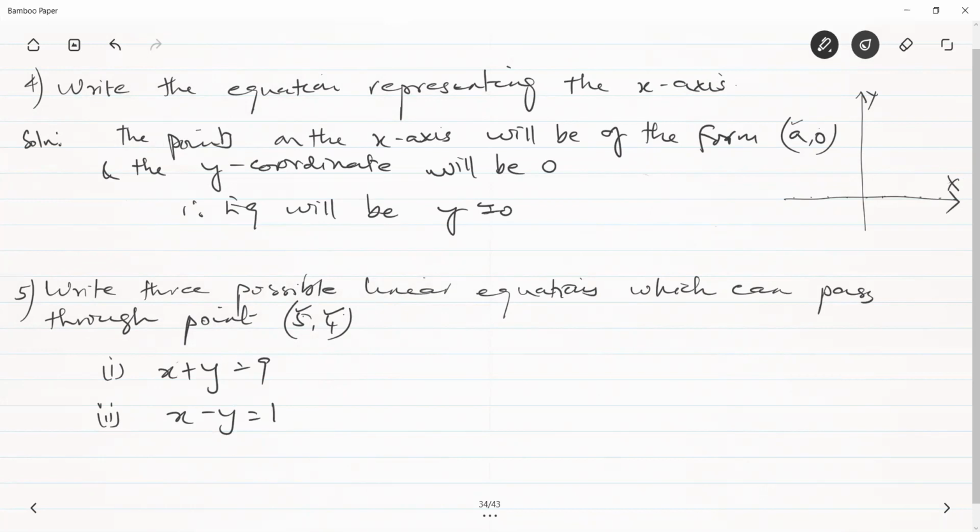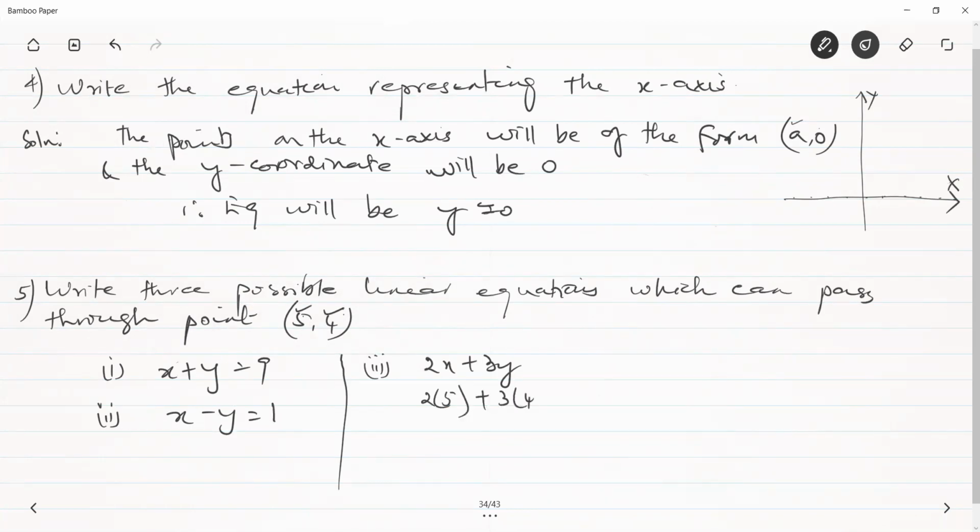Then the third one we can try in some other way. Let us assume 2x plus 3y, and you will have to find RHS here. Now substitute 5 in place of x and 4 in place of y.